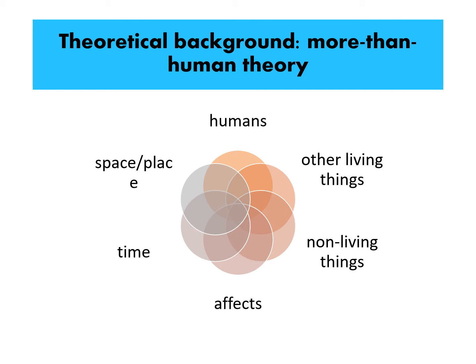And as they are interacting with these living things and non-living things, affects are generated. And they're constantly coming together with these things and coming apart from these things as they move through their worlds through time and place.